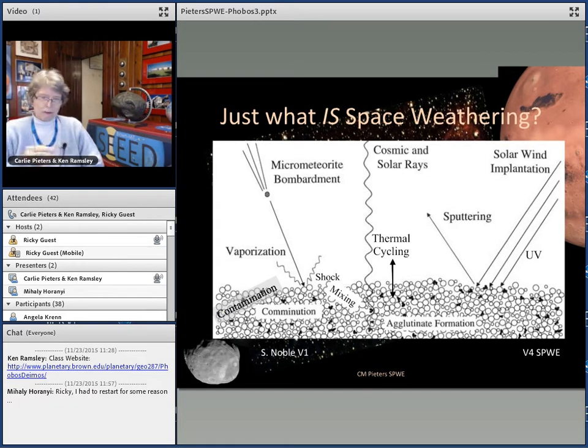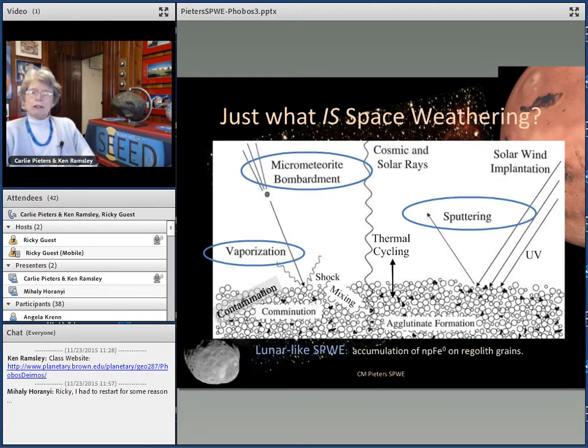What I'm showing you here is what on my computer is already version 4, but it highlights the fact that there are many processes associated with the solar wind environment, micrometeorites, larger meteorite environments, shock mixing, breaking up, putting back together. A lot of these processes are all occurring simultaneously on any airless body.